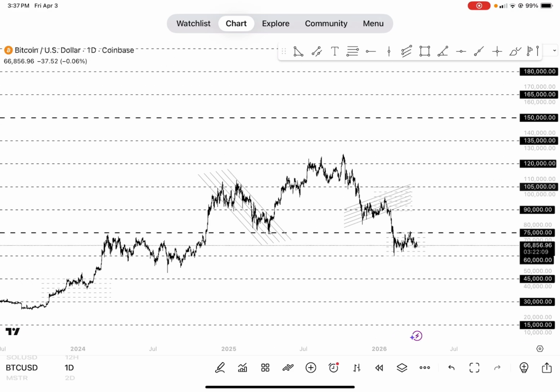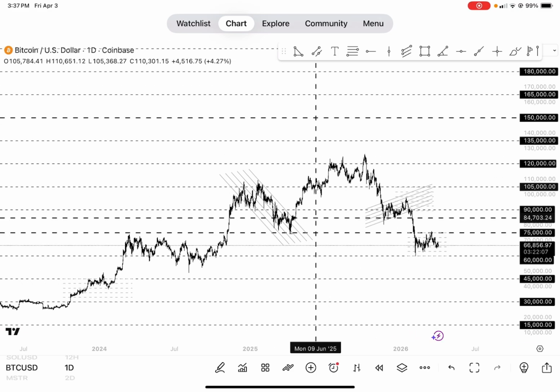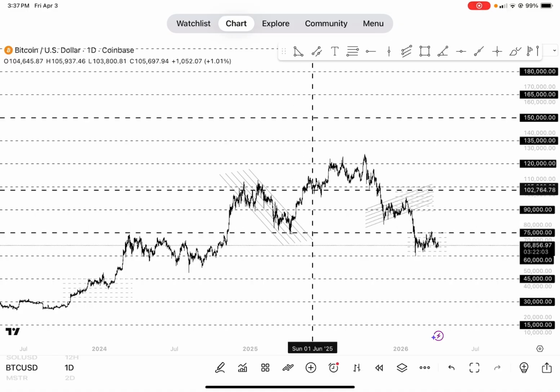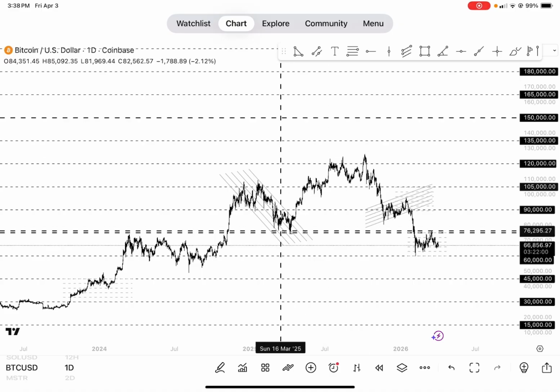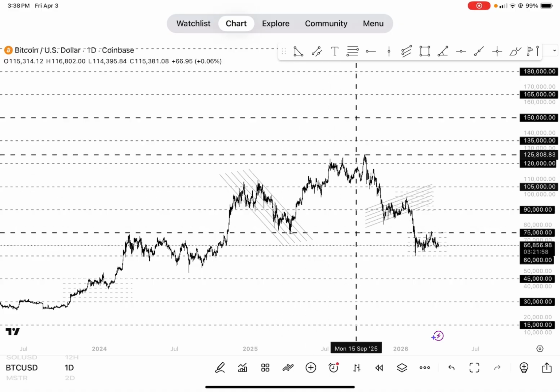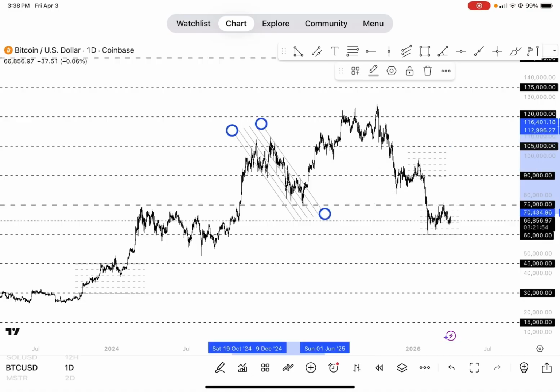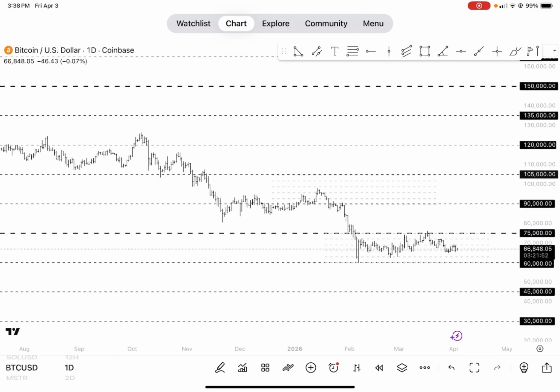Where does it run? 75, 100 to 125. That's the start of another 125 bar. Pay attention. It's all in the numbers. Pay attention to the pricing. Understand what it is you're trading.